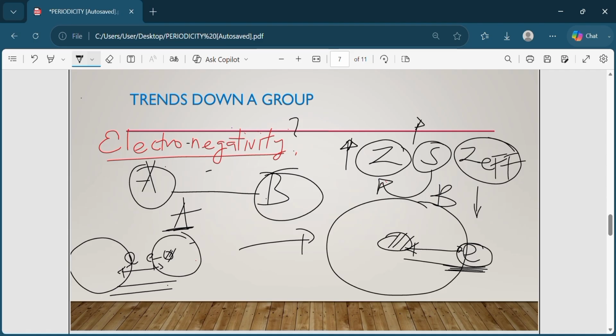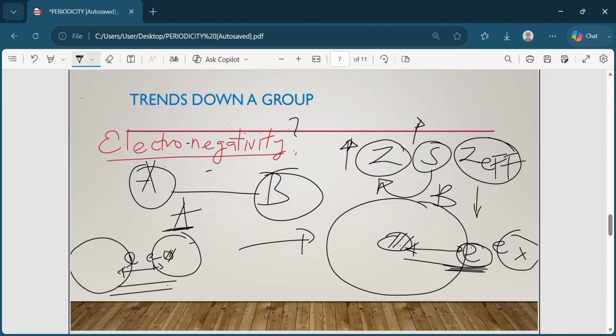But then when you look at B, which is down the group, it has a large atomic radius, meaning that these electrons are loosely attracted towards the nucleus and also experiencing a repulsion. So however much we try to form a bond, there will be literally no tendency for the electron being donated for formation of a bond between B and another atom, maybe X here.